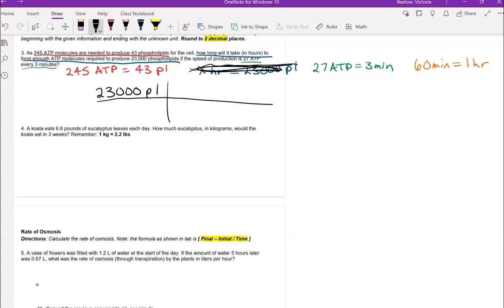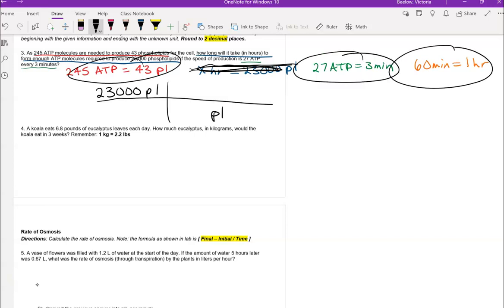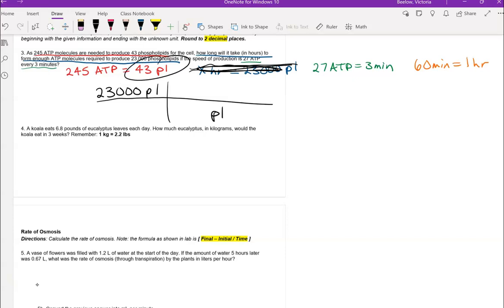So now, whenever you're doing your next step for the picket fence, whatever unit is here, write that same unit here in the bottom. So I'm going to write PL for phospholipids. Now I'm looking at my 3 options. These are the things that get plugged into the picket fence because we know that they're equal to each other. So I'm noticing here I see a 43 with the phospholipids.